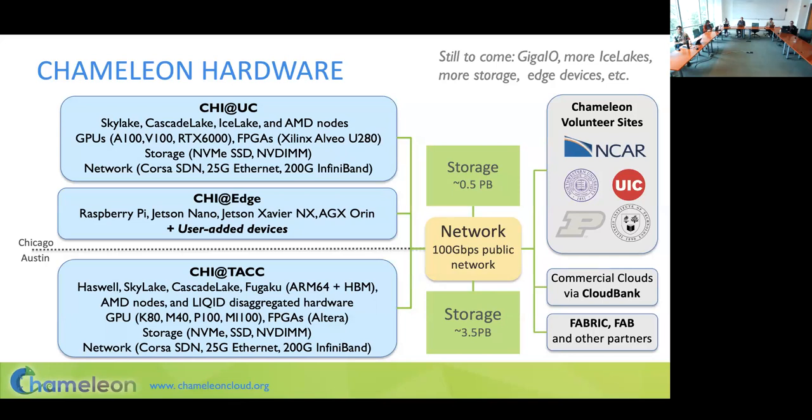And then, of course, we partner with other testbeds. So there's a testbed called FABRIC for networking research. They allow you to reconfigure your network at the core, which is a new capability. There is another NSF project called CloudBank, which provides access to commercial clouds.